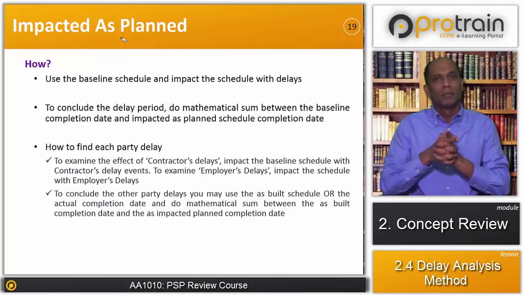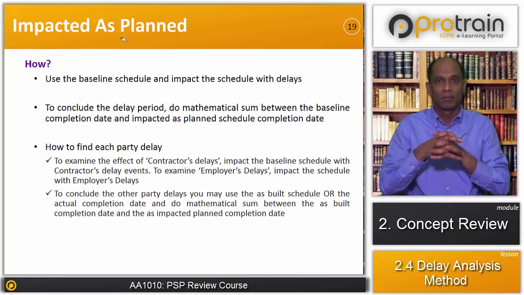So you have 11 months of duration when the schedule is impacted by the employer's delay. However, the as-built schedule is of 12 months. So 12 minus 11, 1 month, will be the other party's delay, in this example the contractor's delay. So this is another way to calculate the other party's delay in the impacted as planned method.